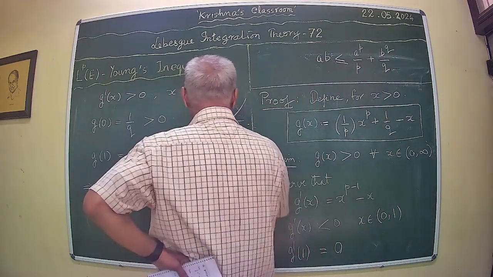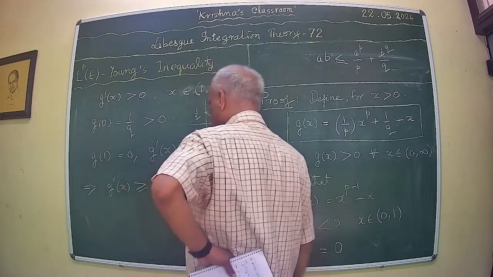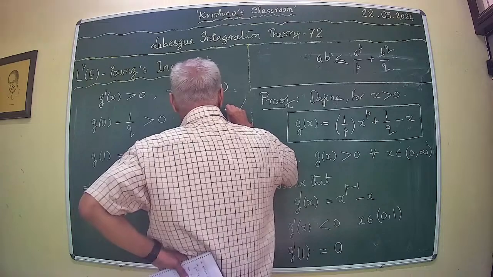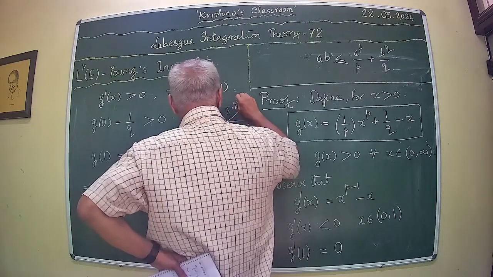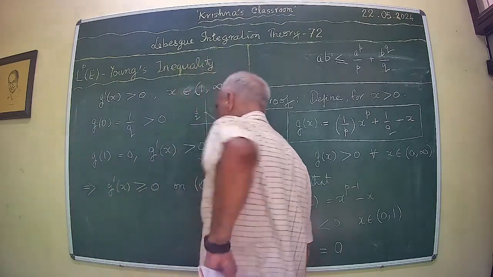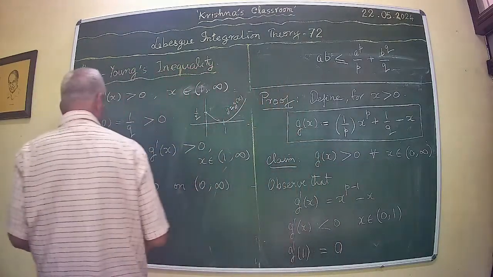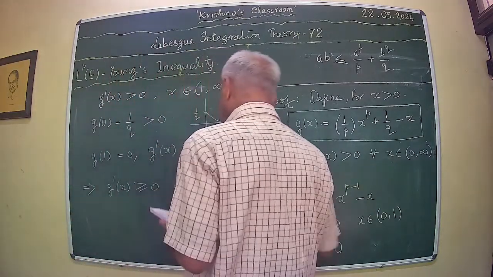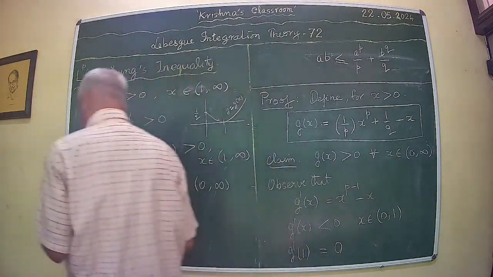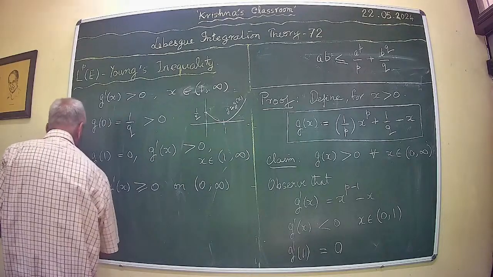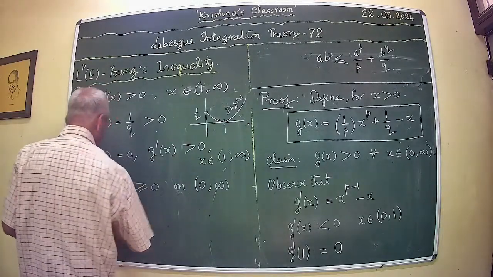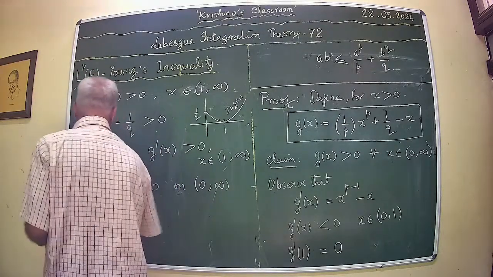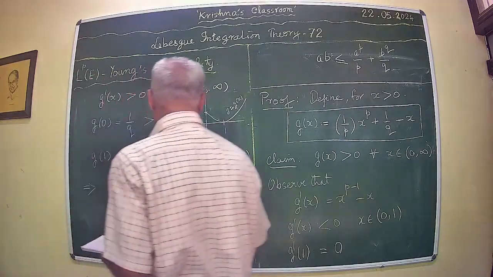Okay. So this is at 1 and from here onwards g derivative is 0. So g is, this is y equal to gx. Right? Therefore, we have g derivative of x is greater than or equal to 0 on this one, which implies gx is greater than or equal to 0 on 0 to infinity.